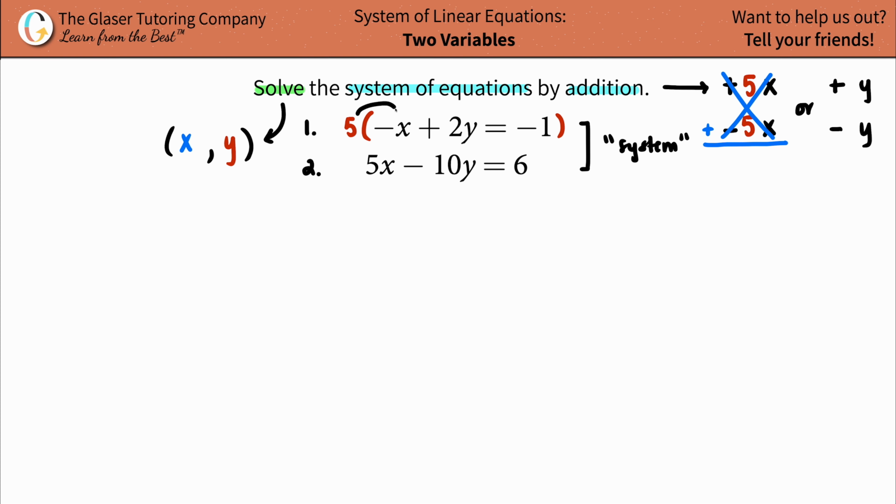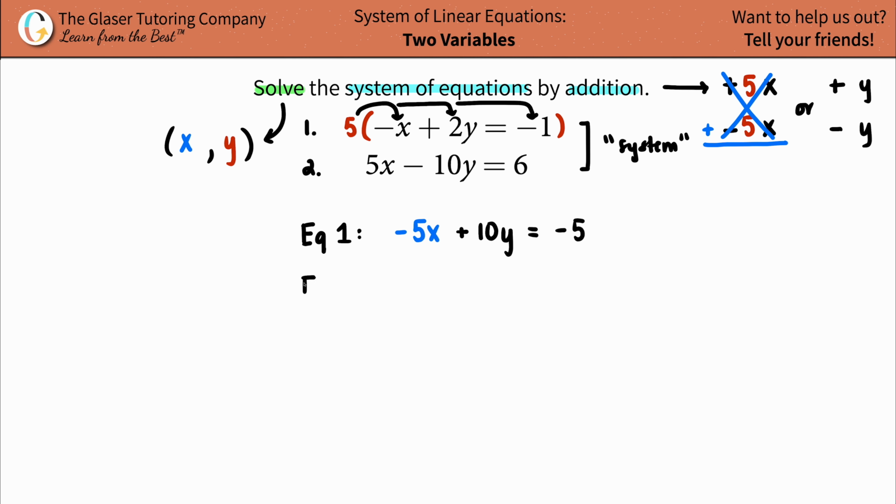But now, let's just say that this is equation 1 and this is equation 2. If I multiply this 5 by the negative 1, I've got to do it for every term. So for equation 1, 5 times a negative 1 is the negative 5x. 5 times 2 is 10, so plus 10y equals 5 times a negative 1, which is a negative 5.